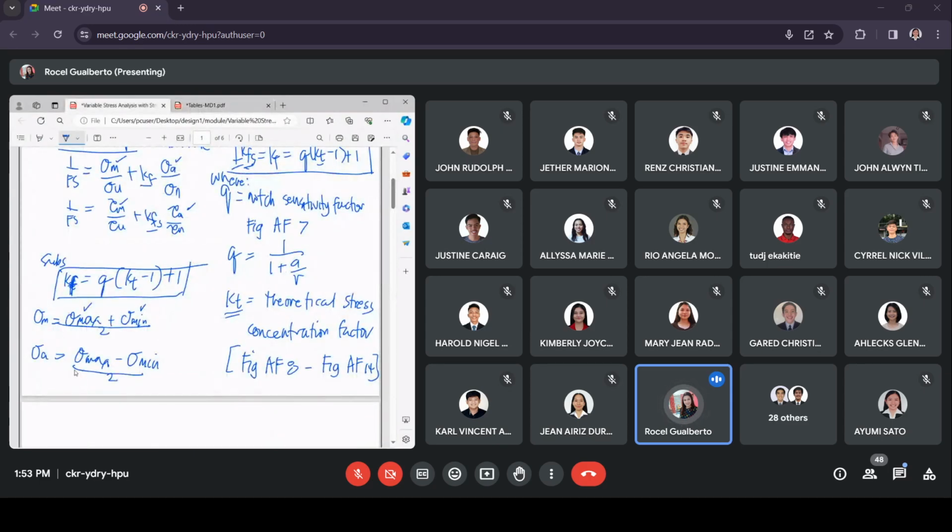So that is how you obtain sigma M and the value of your sigma A. Looking at this, sigma M, sigma A, you have their sigma U and the value of sigma N.